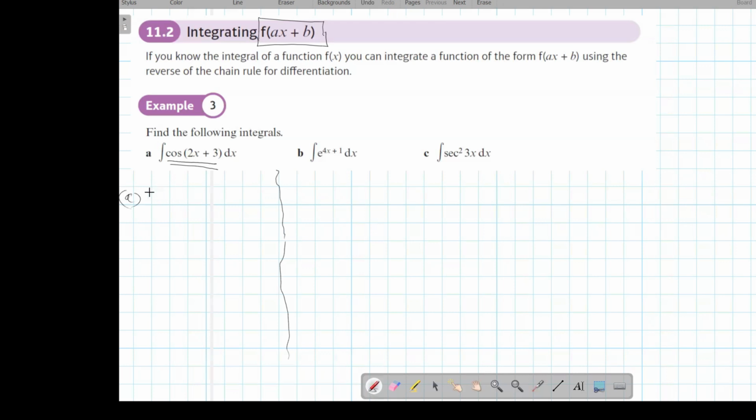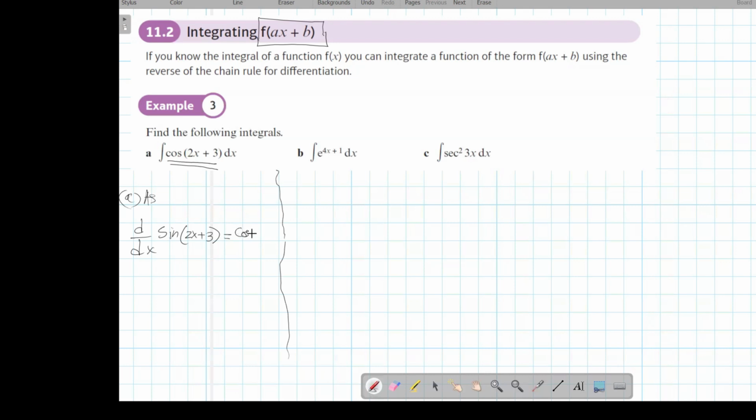As we know, what is the derivative of sine x? Cos x. So what is the derivative of sine 2x plus 3?